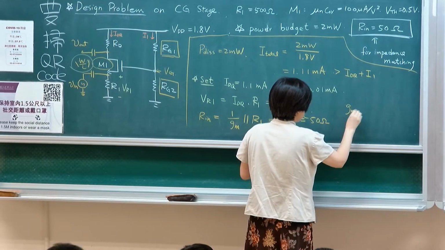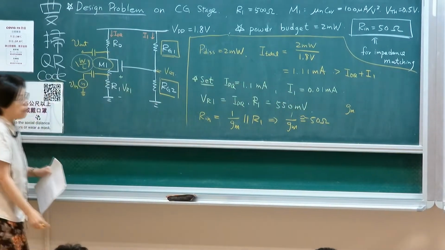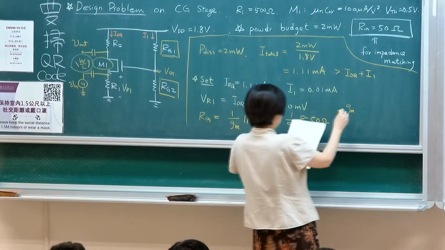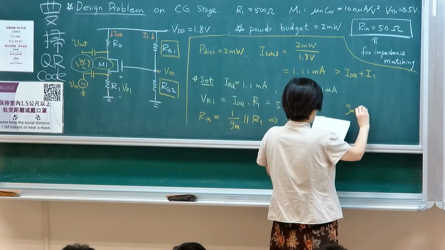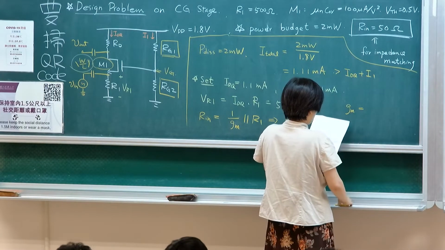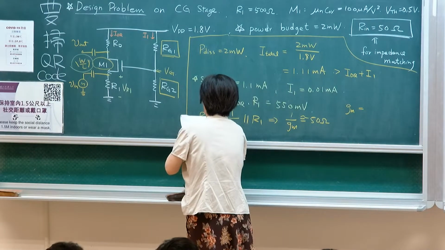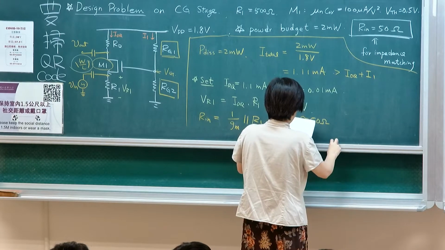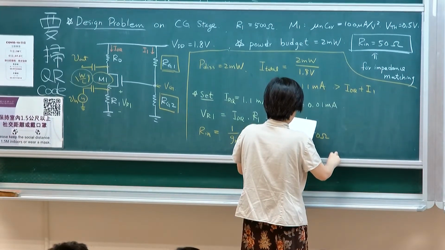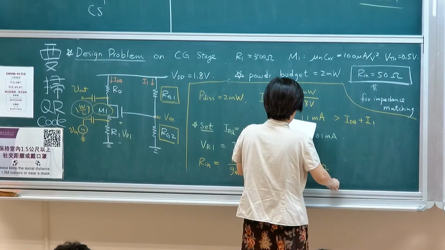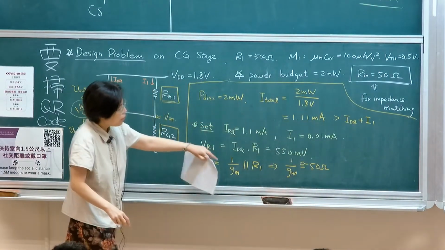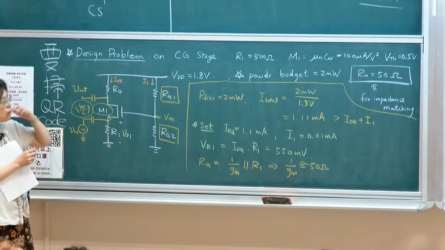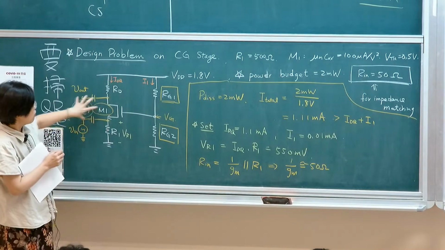we know that there are various ways of expressing GM. In this case, I know my current, and let's say, okay, once I know this, I could use a different expression to determine my W over L, or determine your size.